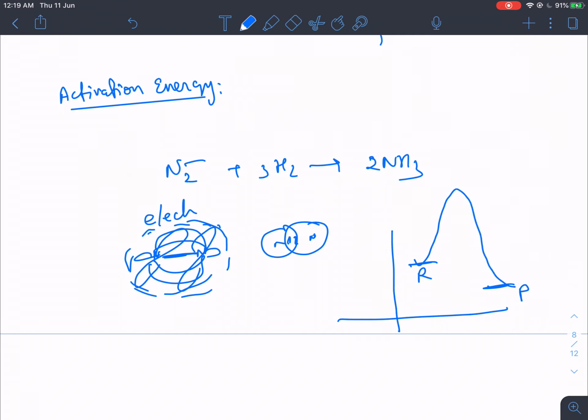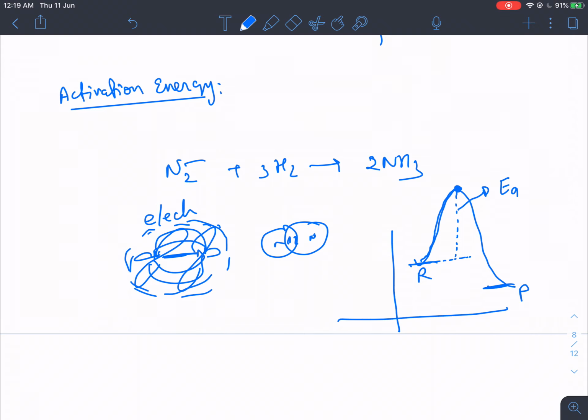Then during the reaction, whenever the molecules come close to each other, at this peak you can say that the bonds of the reactants are almost broken and the new bonds of the product have started to form. So if you measure this energy from the reactants level, we say that this is the activation energy for the forward reaction, guys, Ea, or simply we say Ea because we are discussing the forward reaction only. We are not talking about the reversible reaction. We are talking about only the forward reaction. So this is the activation energy.